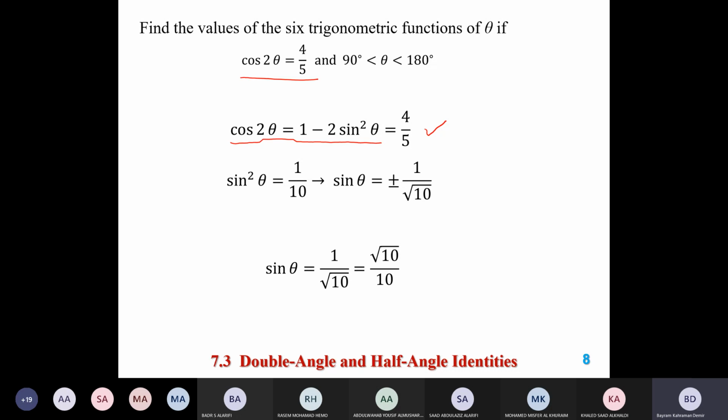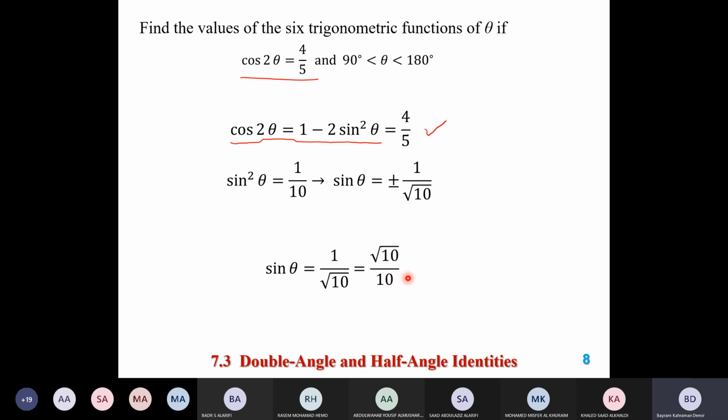If you solve it, sine square will be equal to 1 over 10. Then sine of theta will be positive or negative 1 over root 10. So which one are you going to choose? Well, I have to look at the location of theta. Where is theta, Shabab? In the second quadrant, right? Therefore, I will choose the positive number for sine theta. So positive 1 over root 10, so it is root 10 over 10, Shabab.